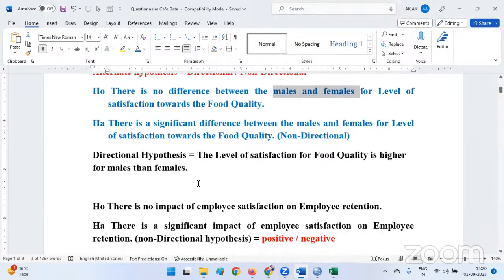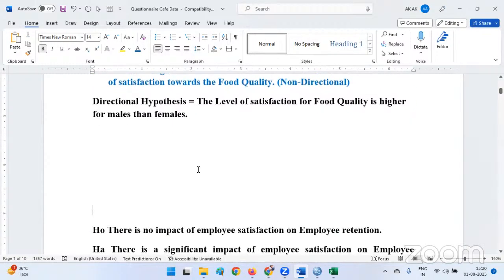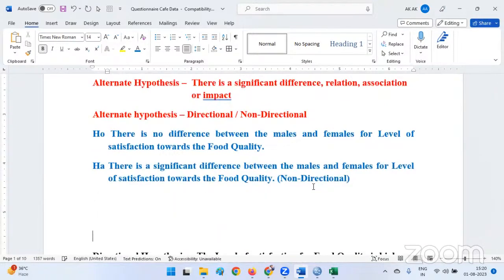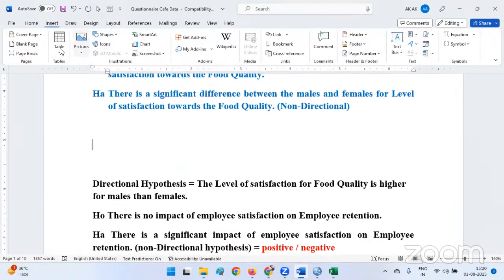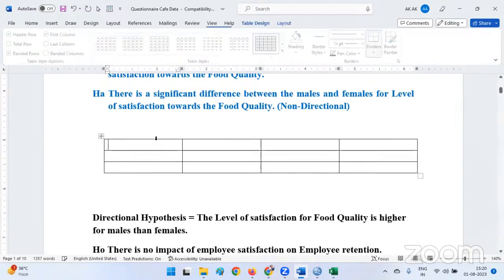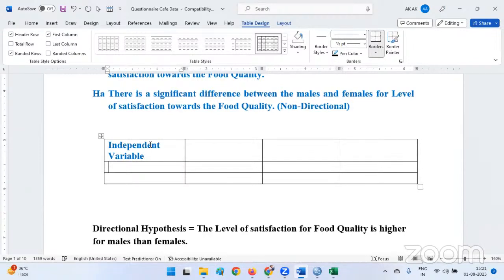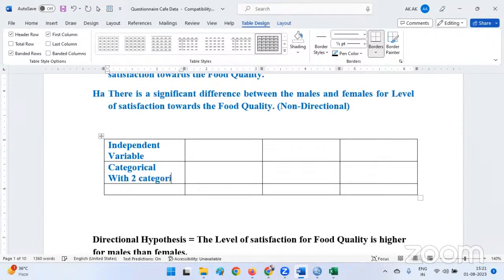So what is the typical requirement of the independent sample t-test? I'll make a small table. The independent variable should be categorical with two categories.